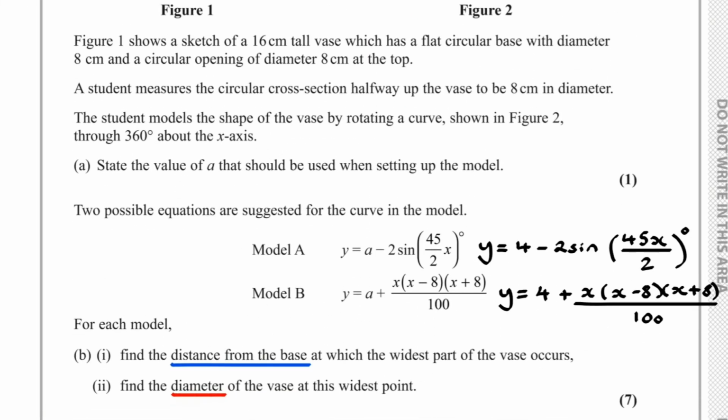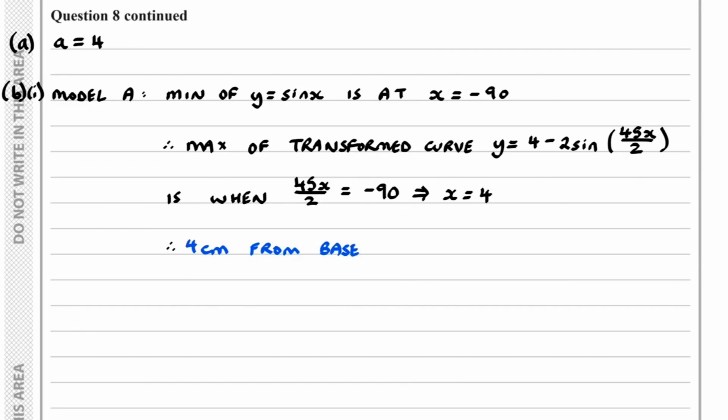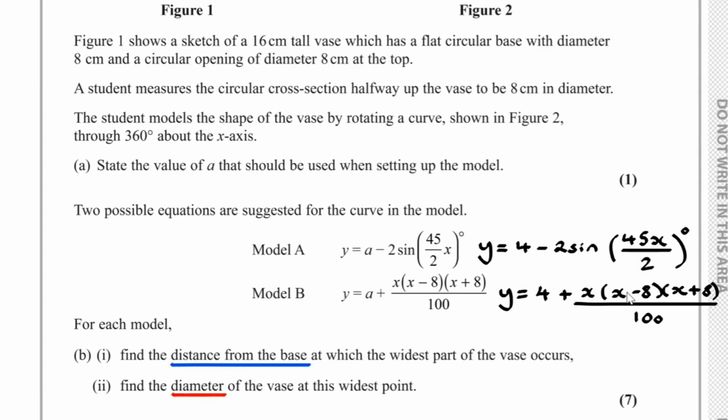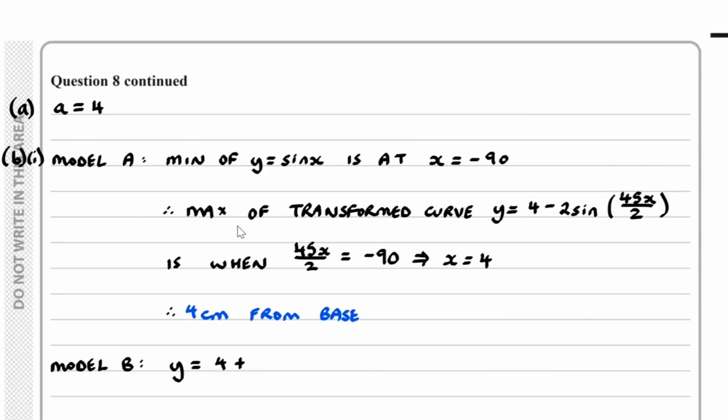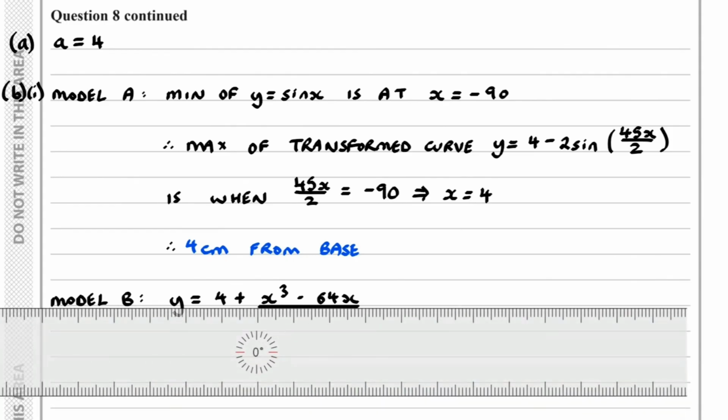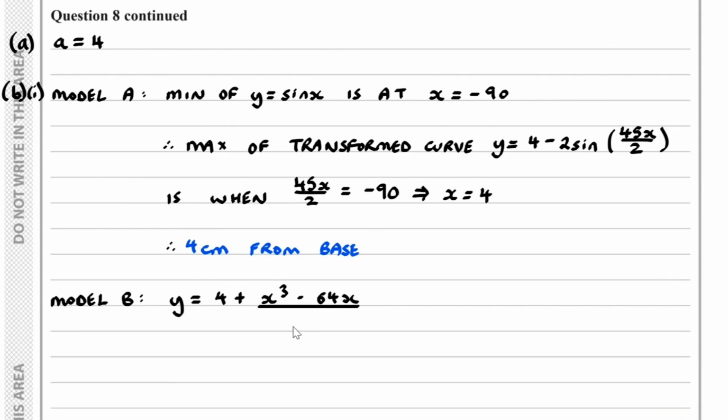Now let's consider model B. So far for model B, I've got y equals 4 plus, now I'm going to multiply x by x squared minus 64, we've got a difference of 2 squares, and that leaves me with x cubed minus 64x, and then I'm going to divide this by 100.